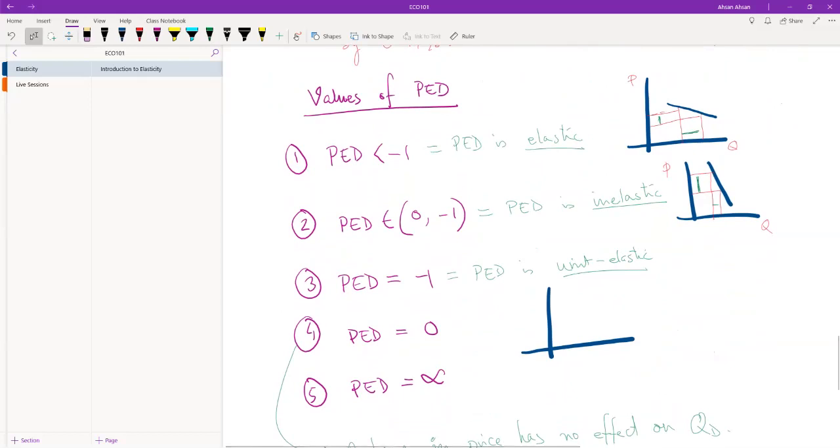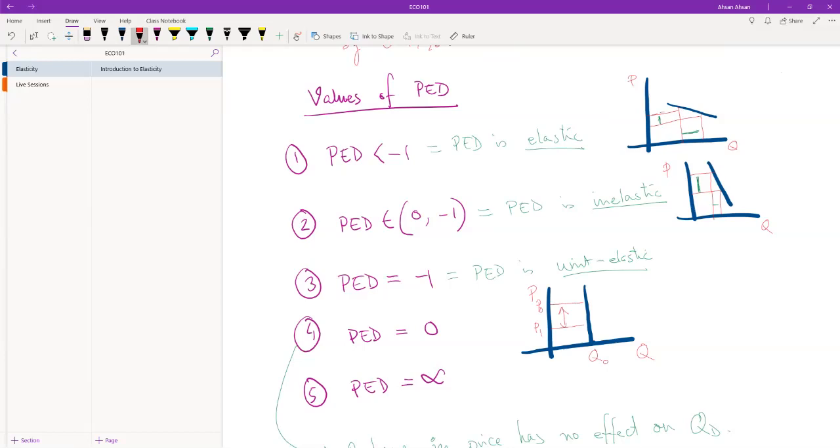In that case, what will the diagram look like? Price can change, but quantity demanded will not change. The diagram looks like this. It's a straight line. Okay, so regardless of what the price may be, quantity is fixed.